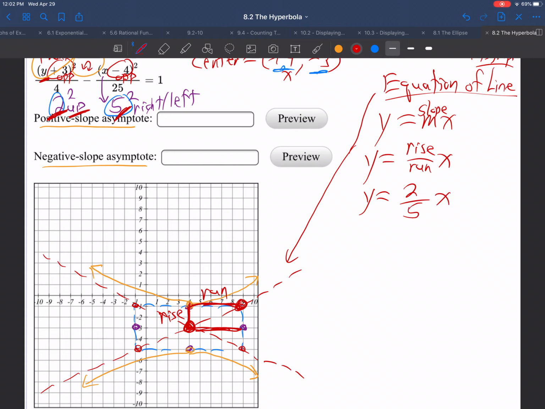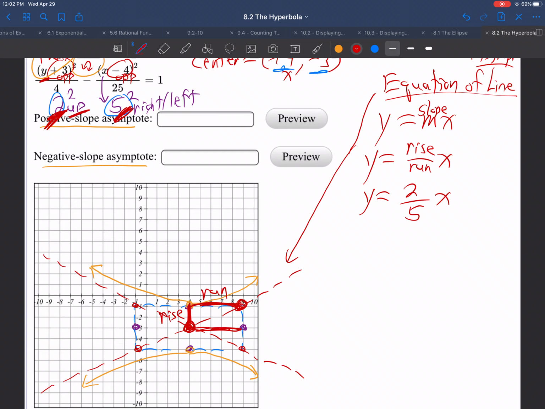So you see how easy. We're not quite done, we have just a couple more steps, but that's 90% of it right there. The slope of the asymptote line has to be whatever's underneath y for the rise, because that's up, and x for the run. That's how far up from the middle of the box and how far over from the middle of the box. That's your rise and your run.